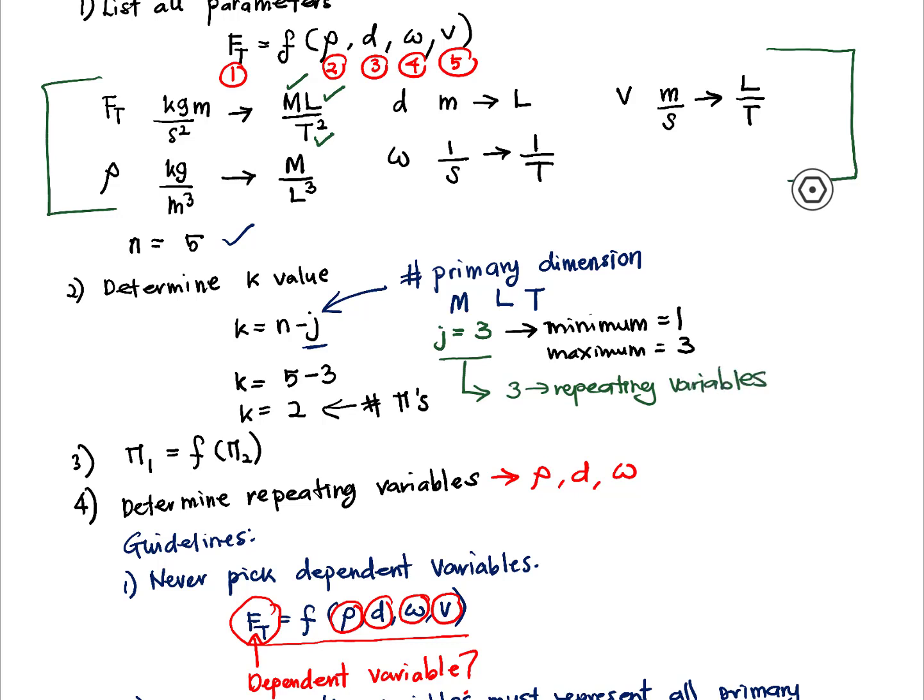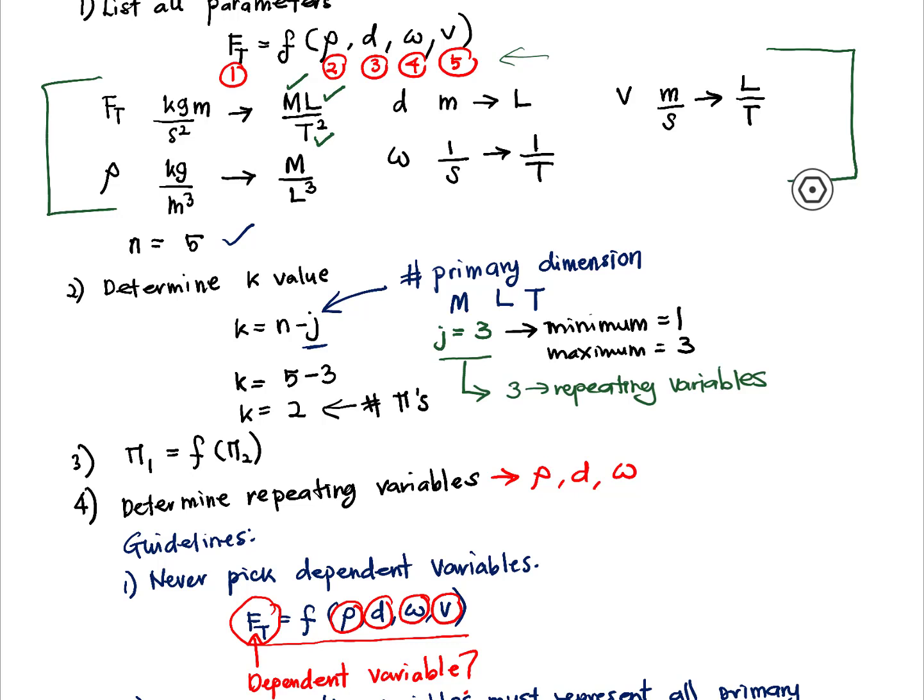If you have 2, then you select 2 out of the 5 parameters. So now we have to select 3 repeating variables. Ft is excluded from our repeating variables because point number 1 says never pick the dependent variable.